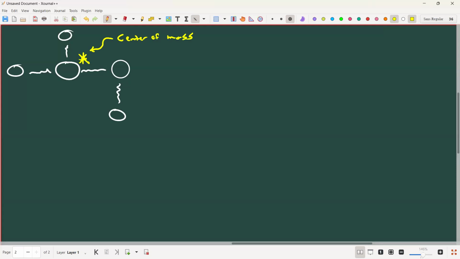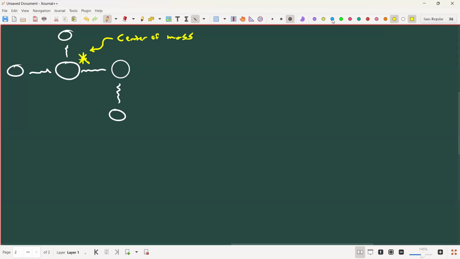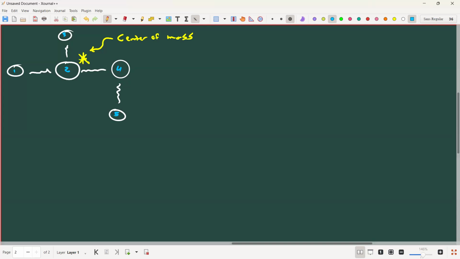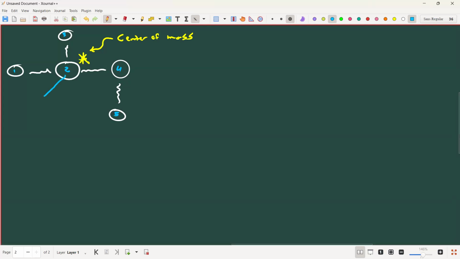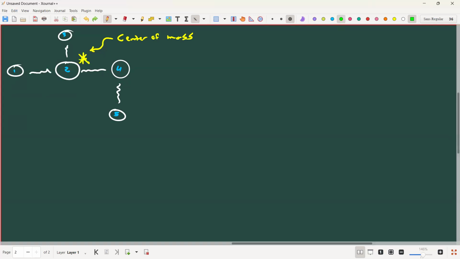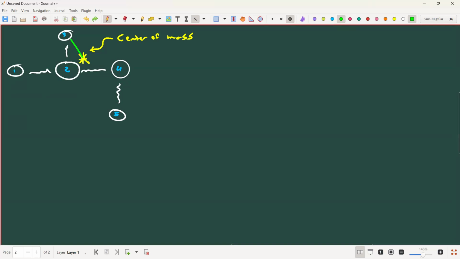So each atom is free to move in any direction it wants. Let me just label them: 1, 2, 3, 4, and 5. Each atom has a vector originating from the center of mass, called its displacement vector.